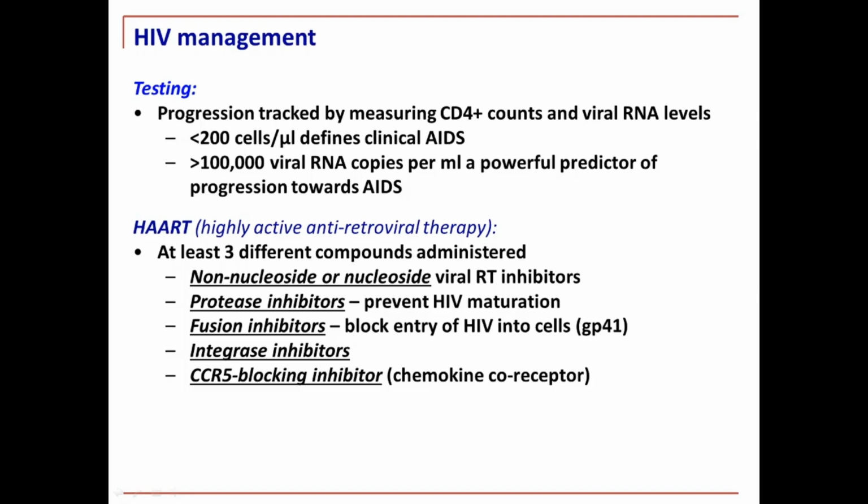They inhibit the integration of the viral DNA into the host genome. And you've got the CCR5 blocking inhibitors, the chemokine co-receptor blockers, again preventing docking onto the cells themselves. And of course, you would also have antivirals to prevent opportunistic infections as necessary.